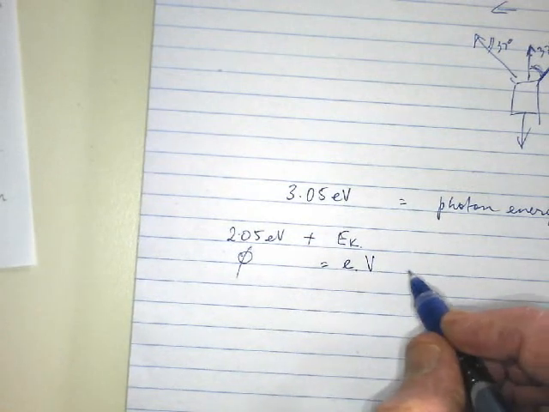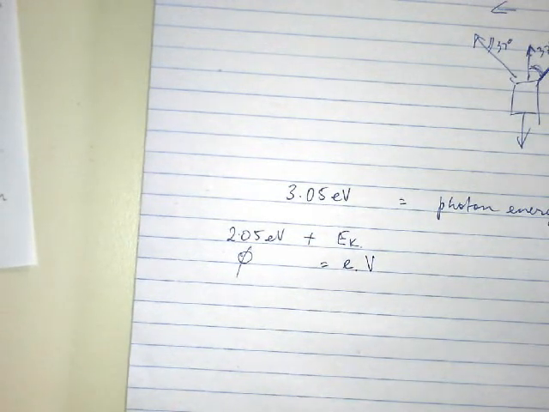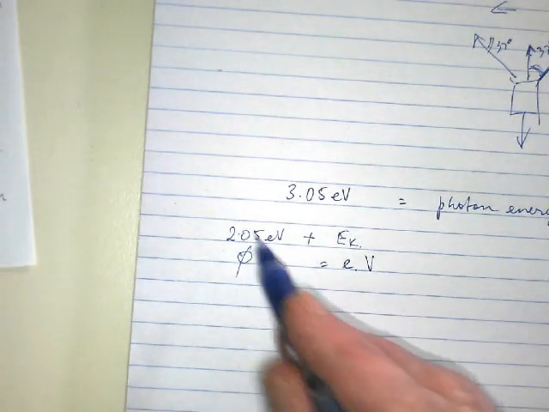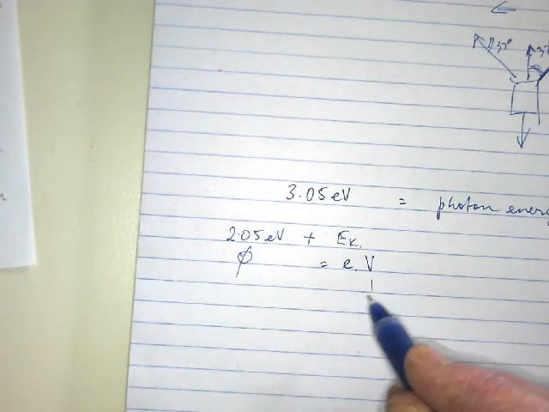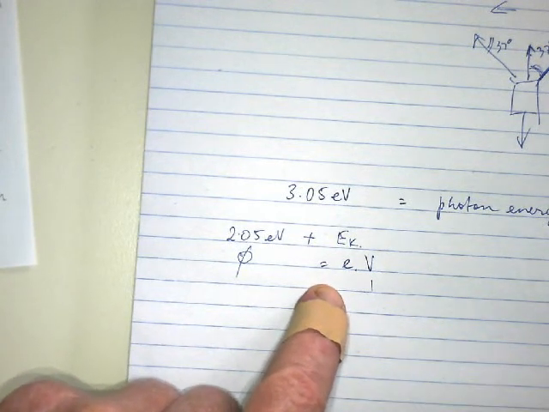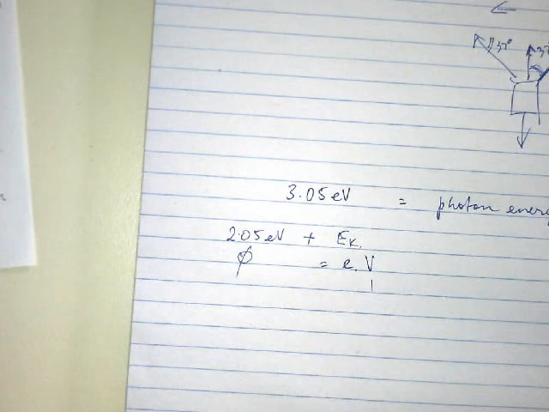Because if I do work on something and it gets a certain amount of kinetic energy, from an electrical potential point of view, by definition the potential difference is the work done divided by the charge in moving it from one position to another. So this is 1 volt, and you don't have to put in 1.6 by 10 to the minus 19. You just think, 1 volt is 1 electron volt when it's the charge of 1 electron. So that's where the 3.05 comes from.